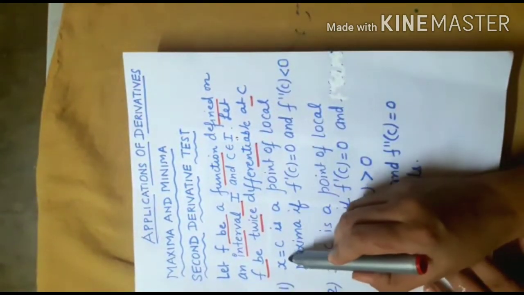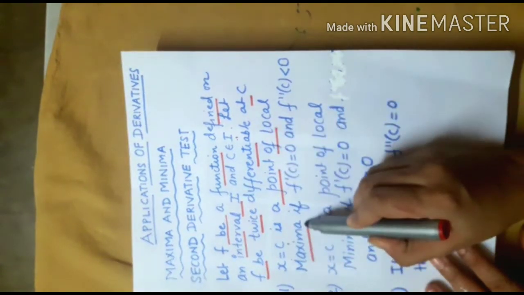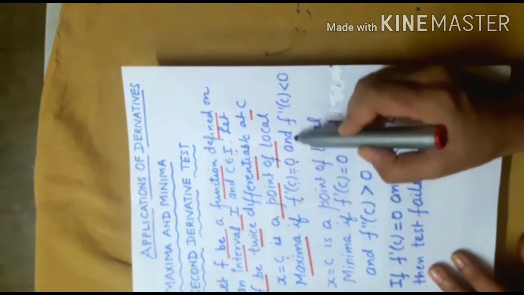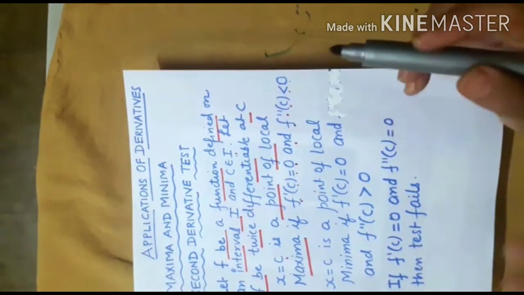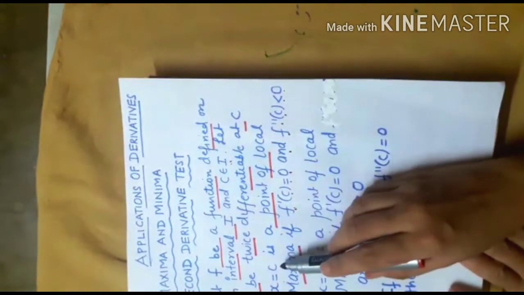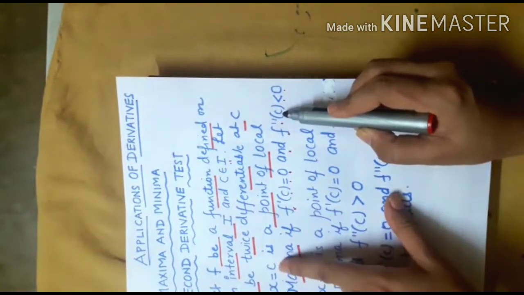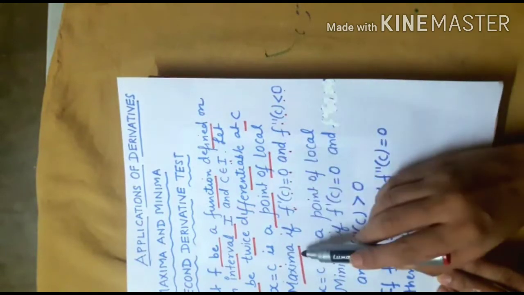Now, x equal to c is a point of local maxima if f dash c is equal to 0 and f double dash c is less than 0. That is, if the second order derivative at the point c is negative, then c is a point of local maxima.